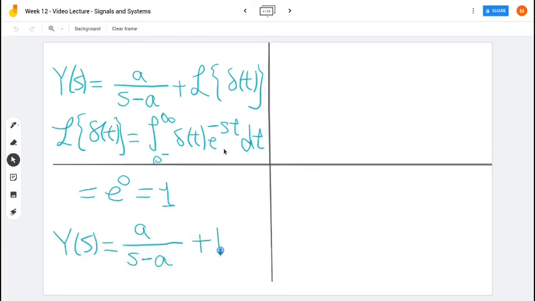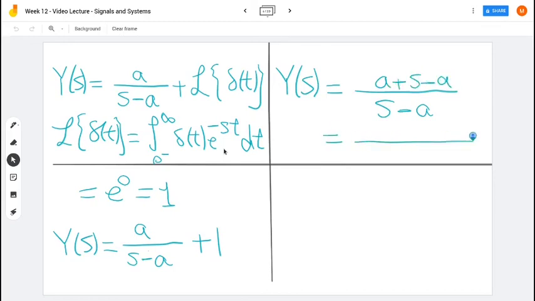Now combining these two together, y of s would be a common denominator s minus a, and a plus s minus a, which will give us s over s minus a.